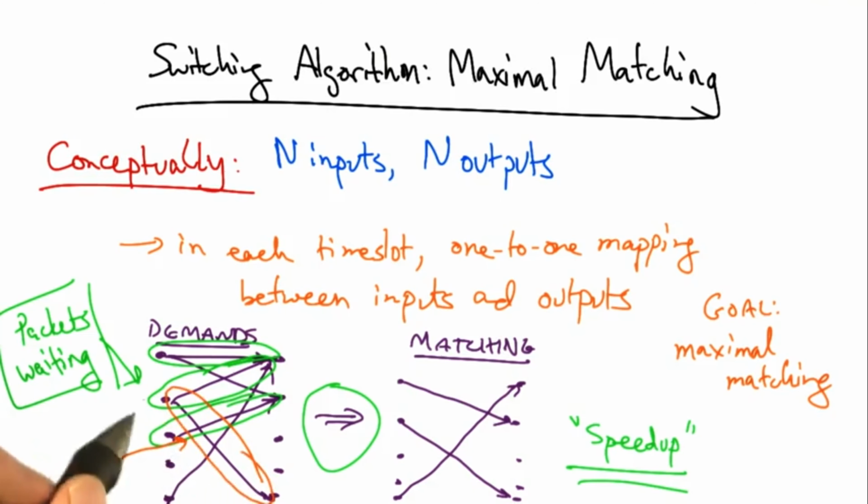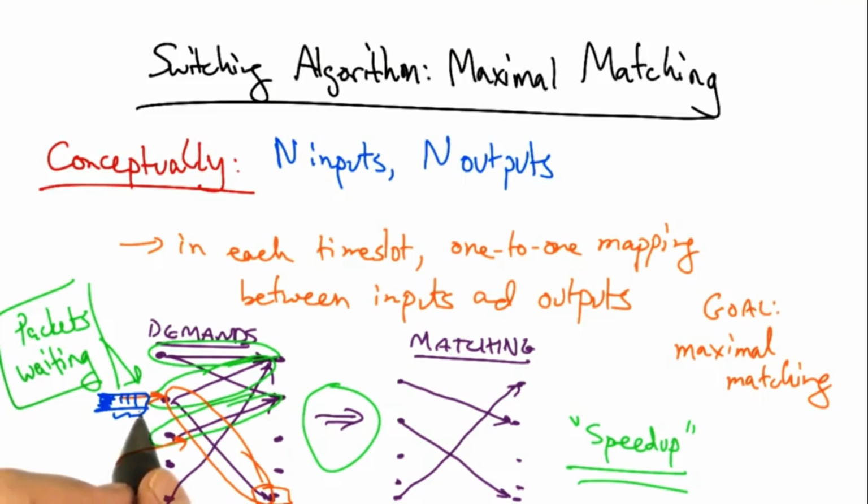Note, for example, that in this set of demands, we have packets arriving at this input port destined for this output port. But if there's only a single queue at this input, the packets that are destined for the output port, circled in orange, might actually be blocked behind a set of packets that are destined for other output ports.